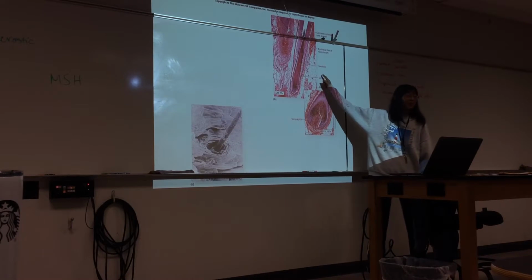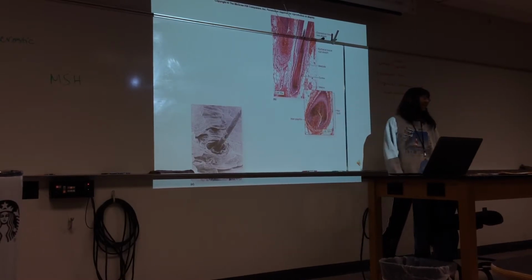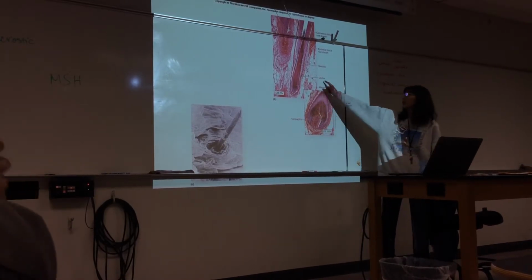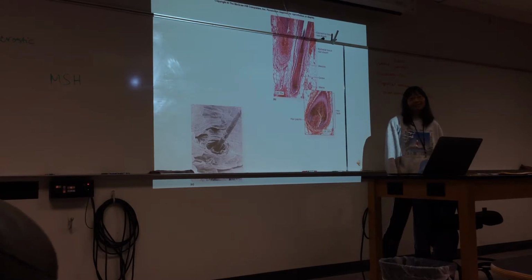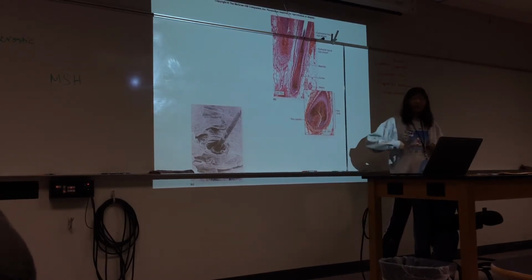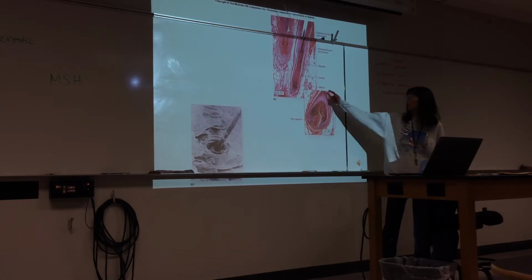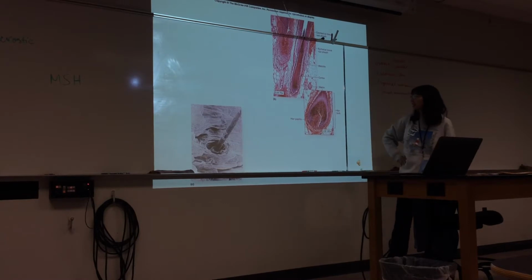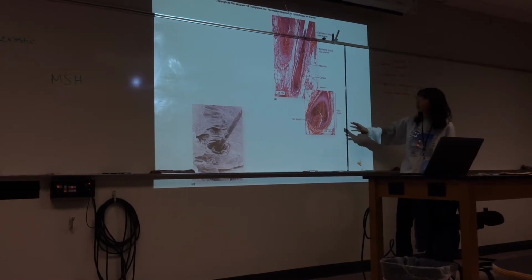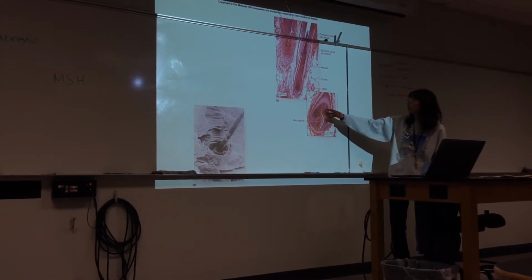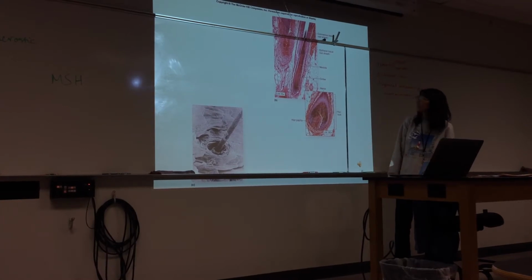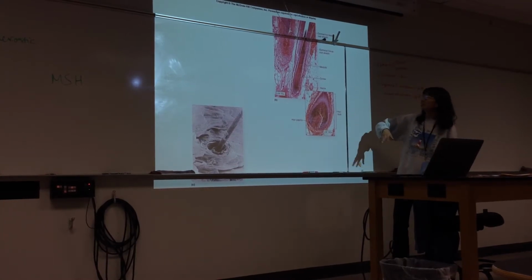Does this sound familiar? Where else do we see cortex and medulla? Kidney. What else? Adrenal gland. Lymph nodes, correct? So cortex and medulla are seen over and over again. Deep to the inner medulla will be the hair matrix. So that's good enough for hair.